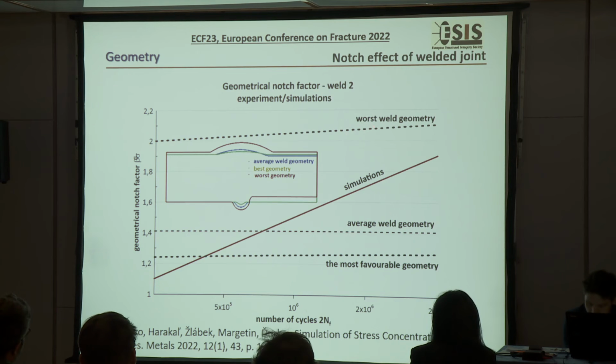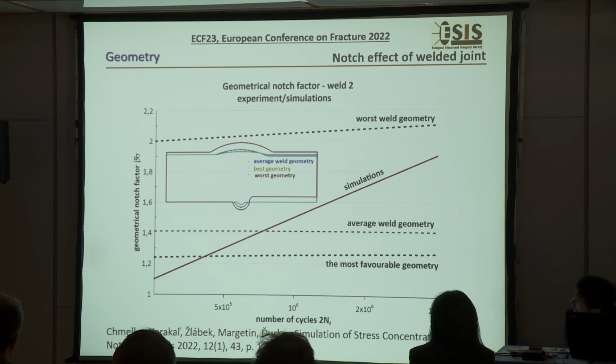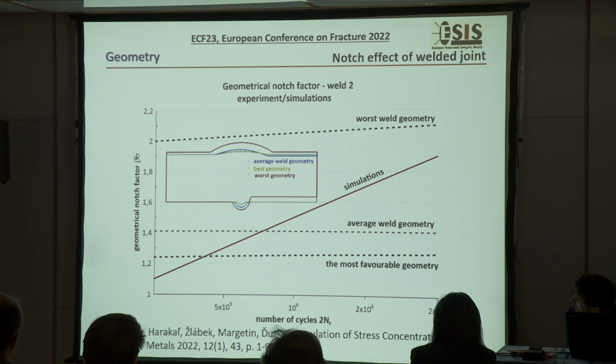These three dashed lines are created by simulation. This is the experiment here. These three dashed lines are from calculation, from the simulation. This is the simulation for the worst geometry, because this combination of diameters in the root of the notch, oversizing at the end of the notch, the top of the notch, and many other geometrical singularities have many variations in how they act together.